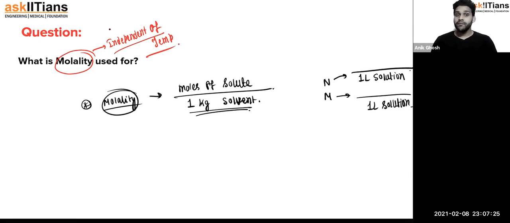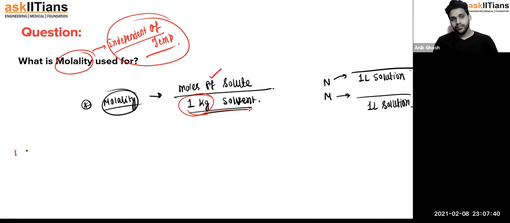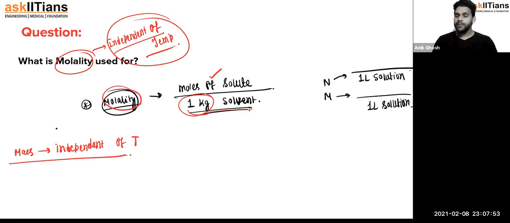Because you can see moles of solute, this is mass. This is not going to change with the temperature, right? And 1 kg of solvent, this is again mass. So mass is independent of temperature. That's why molality is completely independent of temperature.